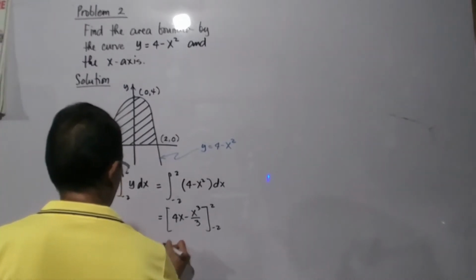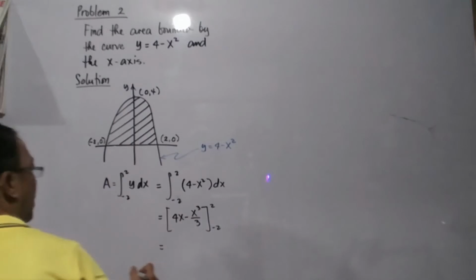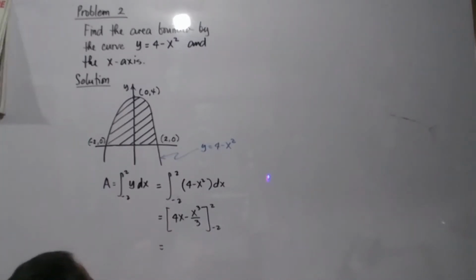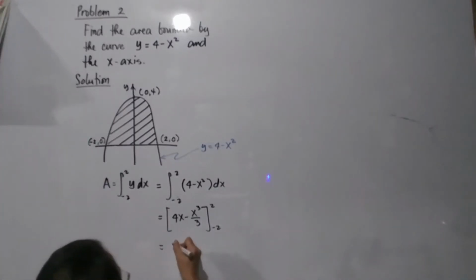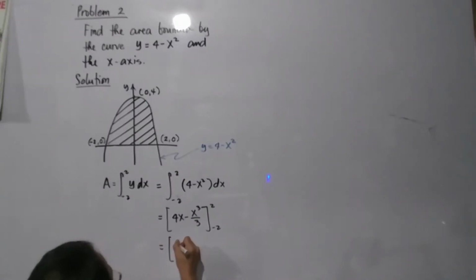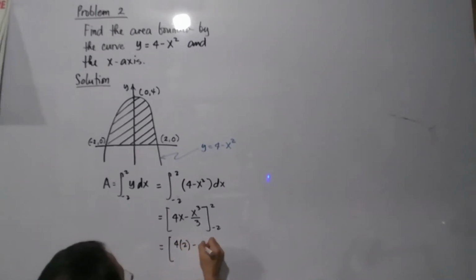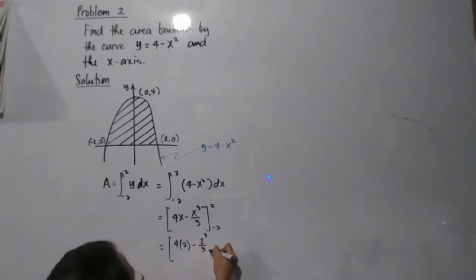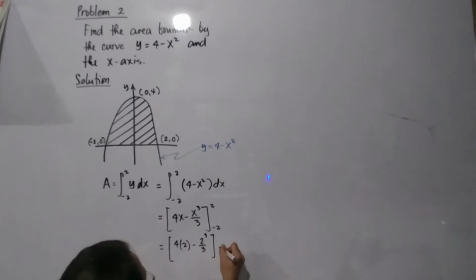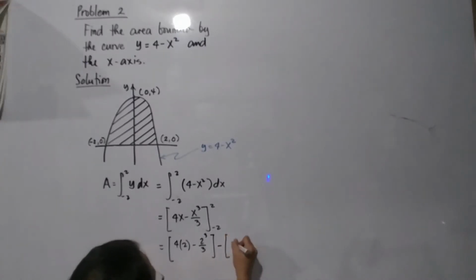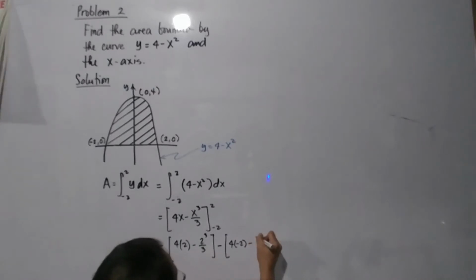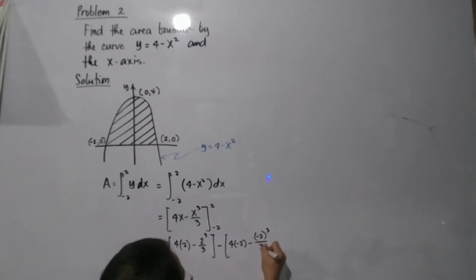So you have now 4 times 2 minus 2 cube over 3 minus 4 times -2 minus -2 cube over 3.